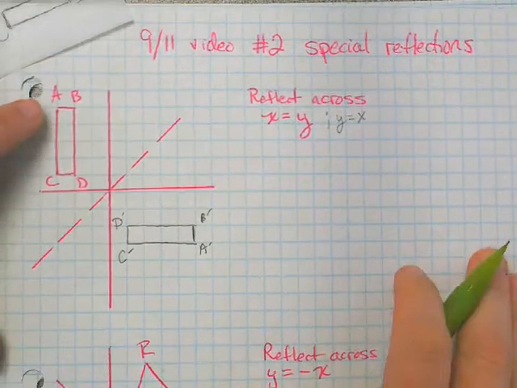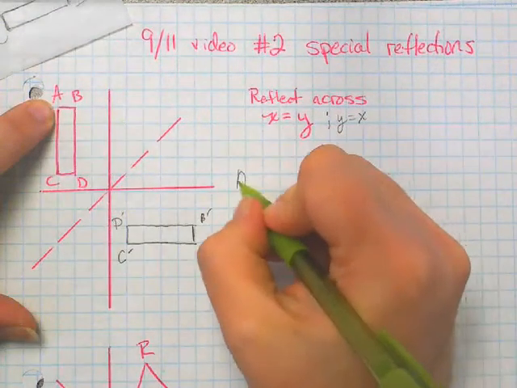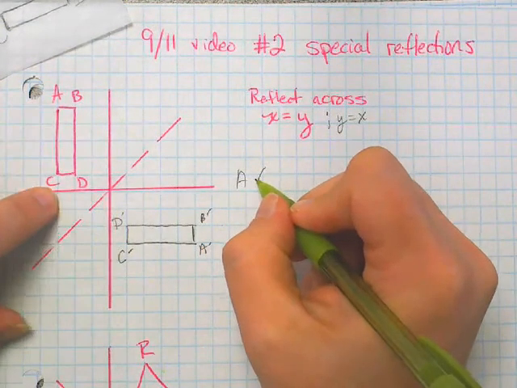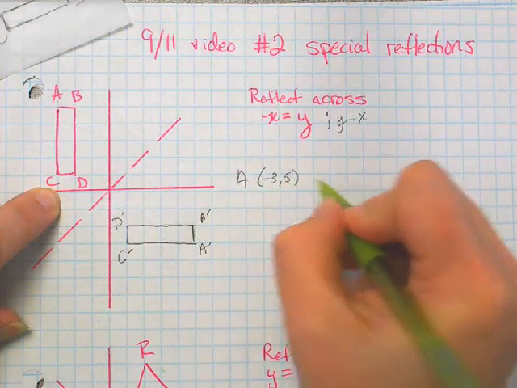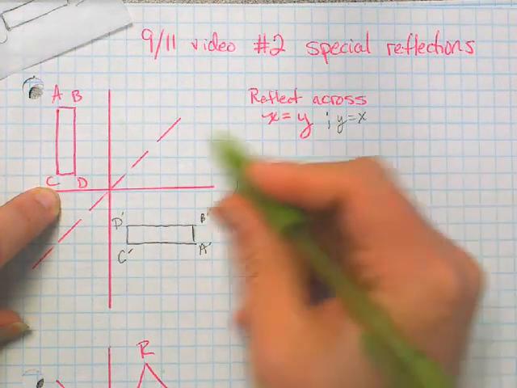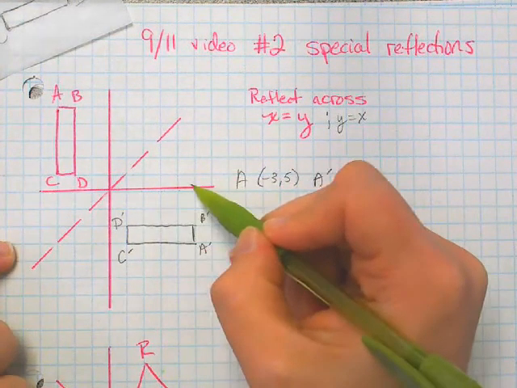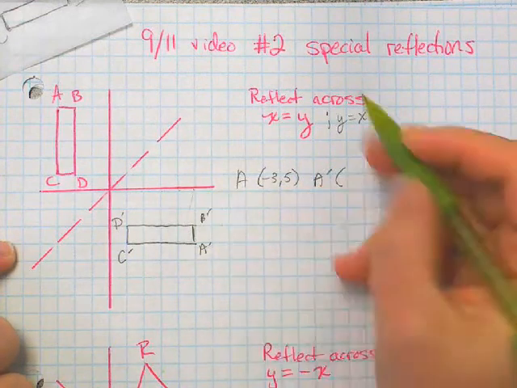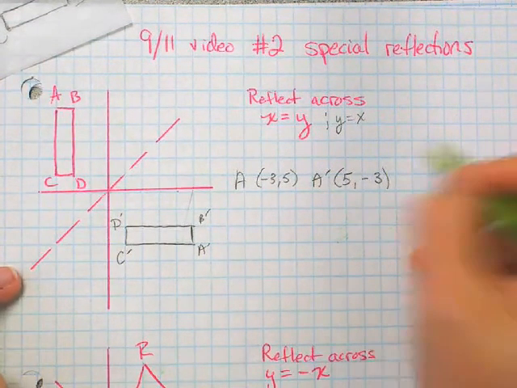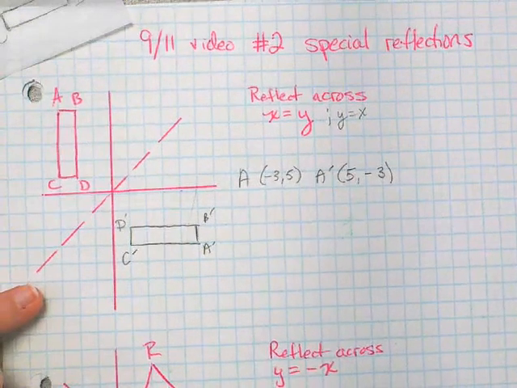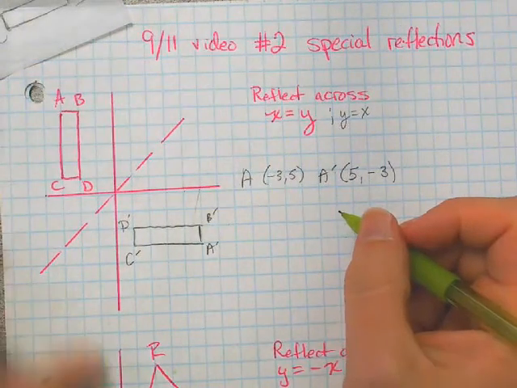Let's look at this. A was originally at -3, 5. A prime is at 5, -3. Interesting. So it looks like my x and y values swapped.